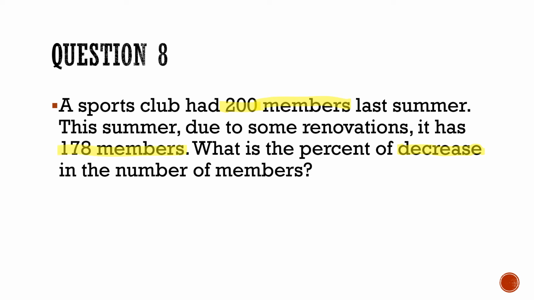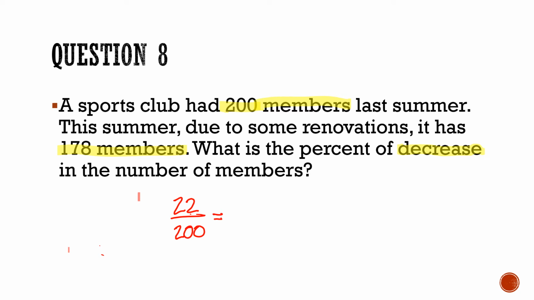Remember, the first thing you do is your amount of change, or you just subtract those numbers to get your difference. So that is a difference of 22. And then you take your original amount. How many members did they originally have, or how many members did they have at first? Which is 200.